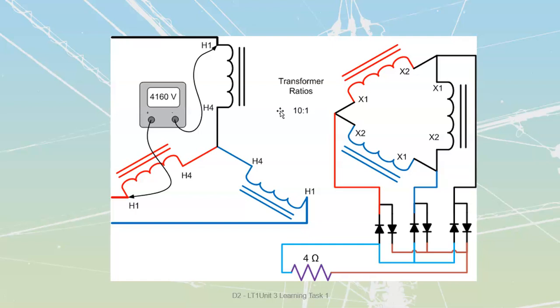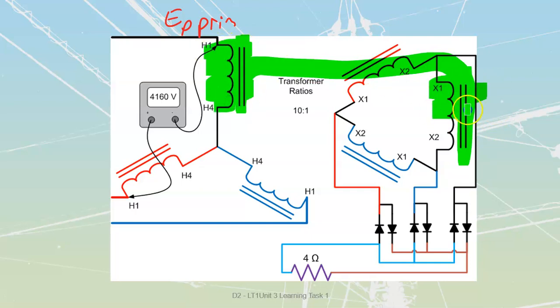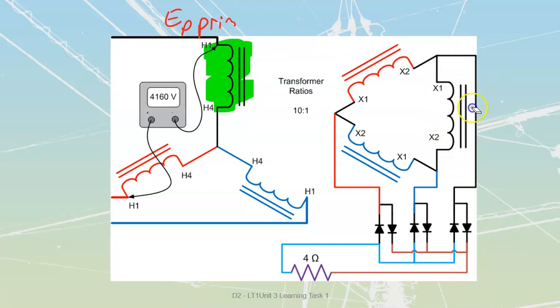Well, what are we going to do? We are going to figure out what we have got line to line on our secondary side. The way that we're going to have to do that, though, first is we have to figure out our E phase primary, right? Because we see that each transformer is just fluxing across. This one over here is going to flux across to this one over here, and it's going to give a 10:1 value of voltage of whatever this winding is to this winding over here, okay?